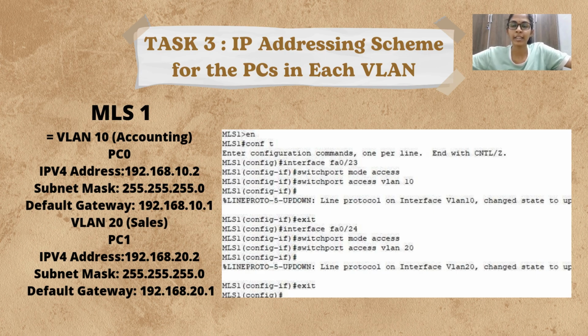VLAN 20 sales, PC1 IP address 192.168.20.2. Subnet mask 255.255.255.0. VLAN gateway 192.168.20.1.